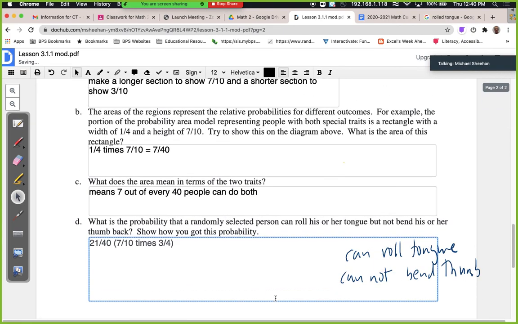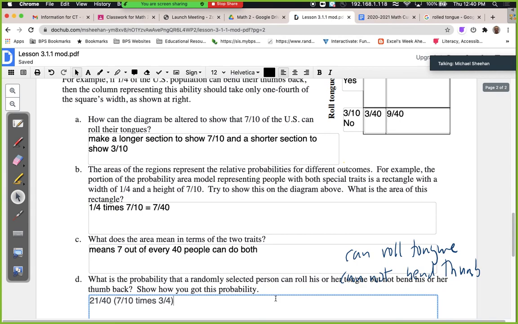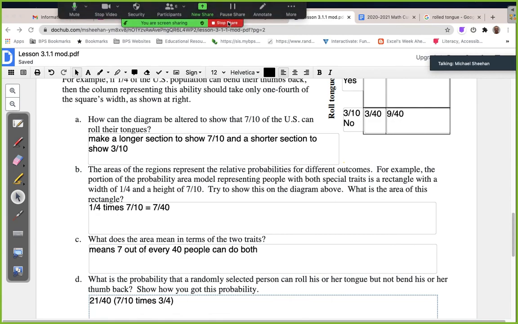Okay, so this is really just, I wanted to get you started on this type of idea today. Tomorrow, we're going to continue on with this same type of idea, and I'm going to have you try a couple of problems. For tonight, I have a video on Edpuzzle, just on very basic ideas in probability.